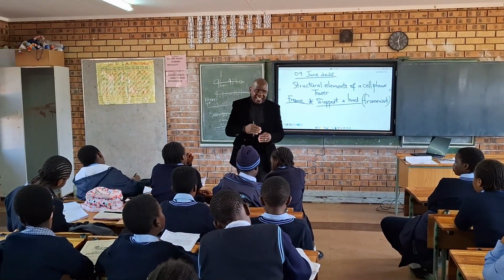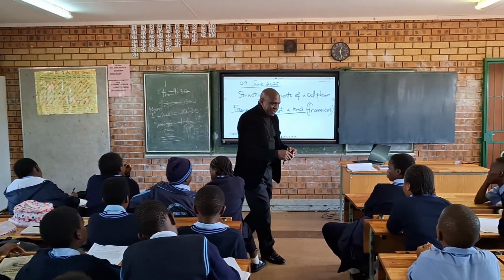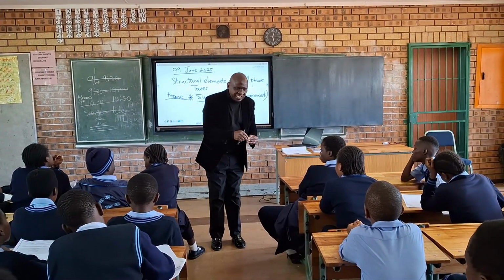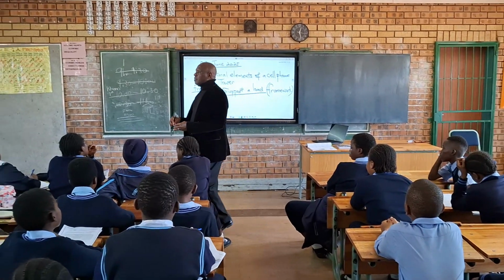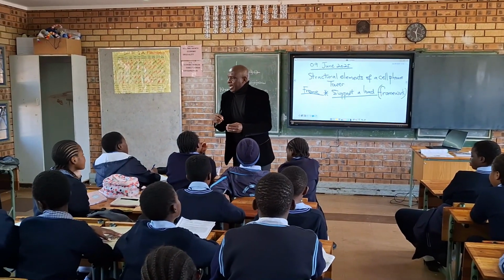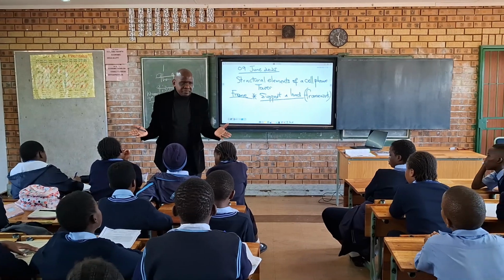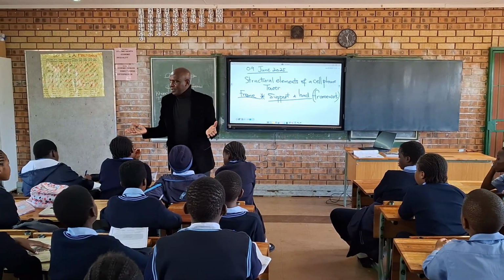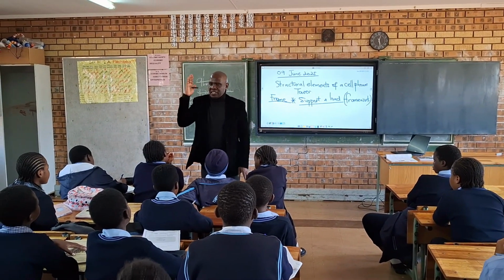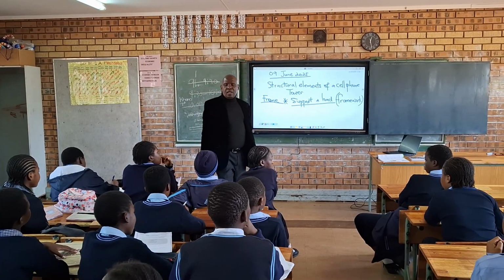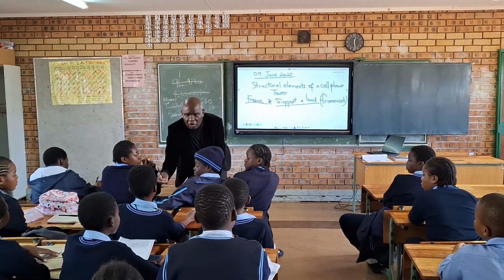And those parts that were joined together, each part has a special name that we call. What do we call parts of the frame structure? Raise up your hand. Parts of a frame structure, what do we call them?